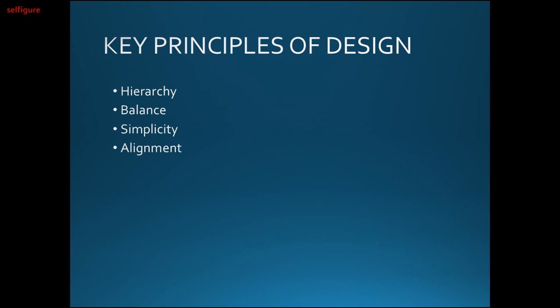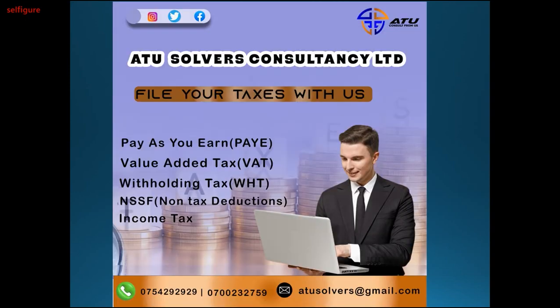We can talk of proximity. This involves placing the related content together, like when you look at contact us. When you look down here, we have the numbers, and we have the email.